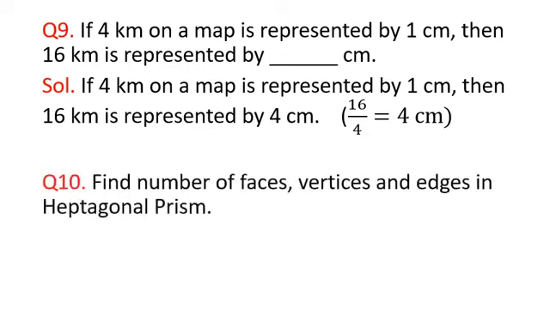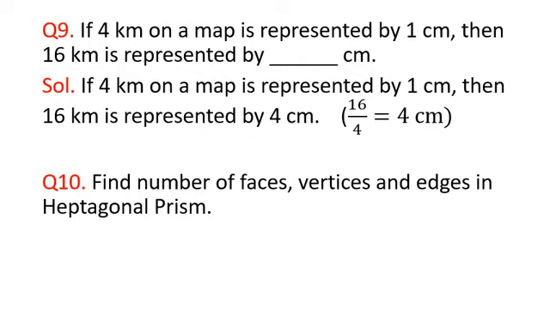Coming to the last question, this is a very important question and I have discussed it in the revision lecture and in the last lecture of this chapter also. So let us see this question once again. Find the number of faces, vertices and edges in a heptagonal prism. First of all, you should know the number of sides in the base of a prism.